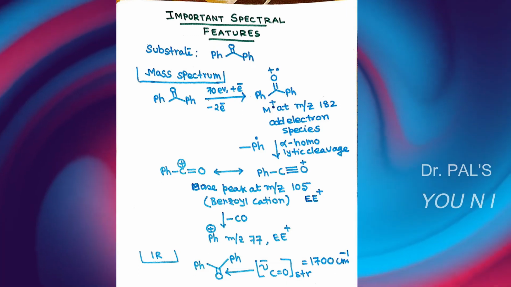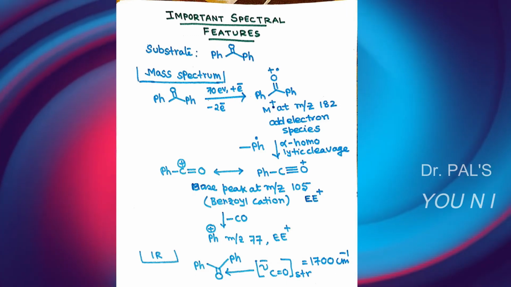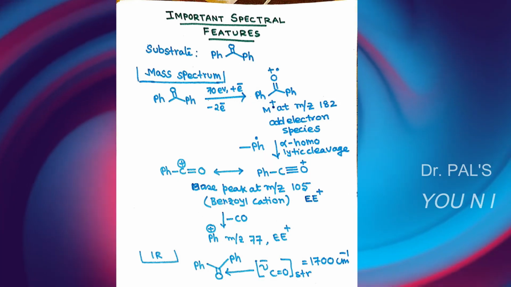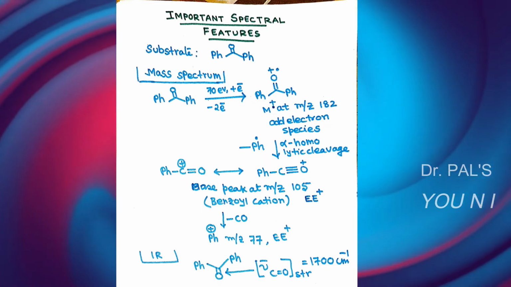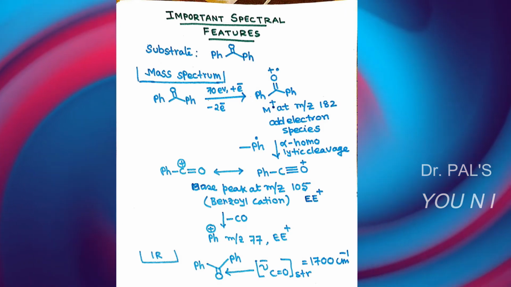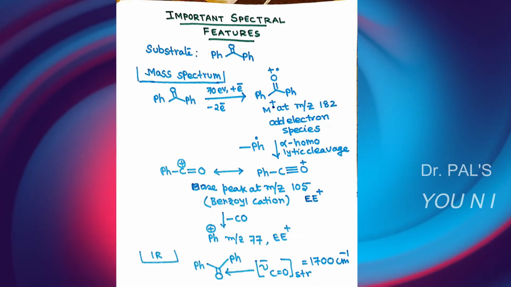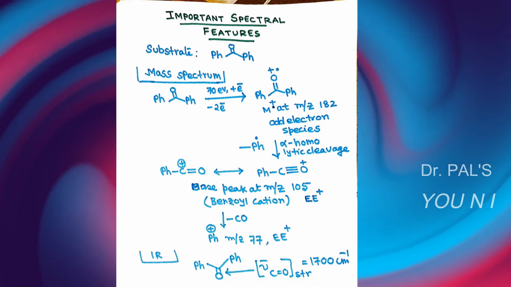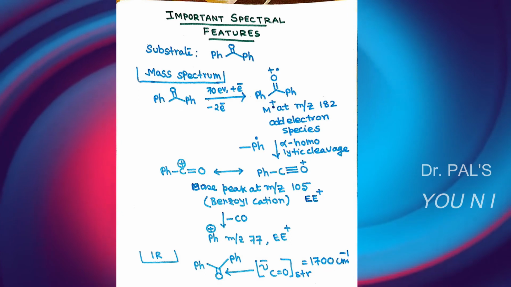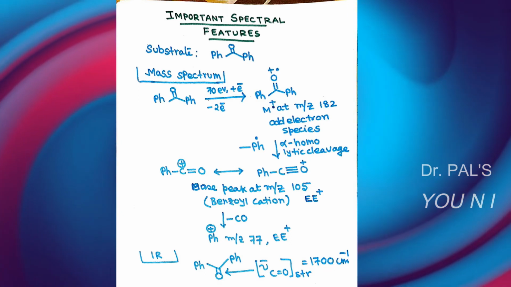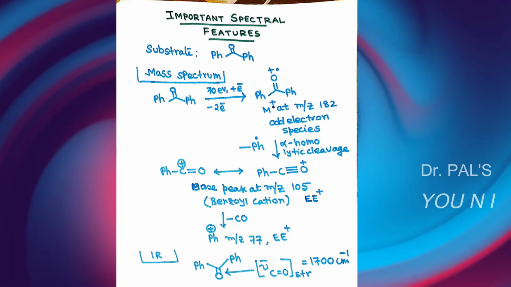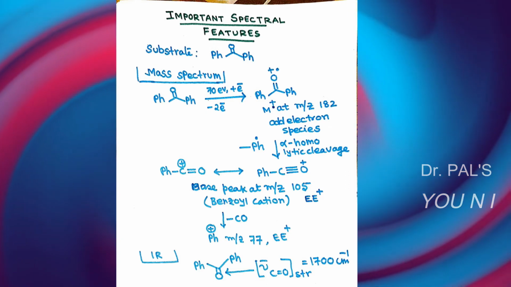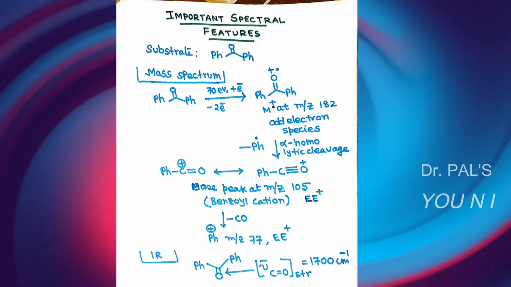Now let us discuss the important spectral features for the substrate as well as the product. What will be the difference between the substrate benzophenone and the product benzopinacol in terms of mass spectrometry, IR, 1H NMR and 13C NMR. Now coming to benzophenone, if we record the mass spectrum of the compound, it will give the molecular ion peak at m/z 182, and it will undergo alpha homolytic cleavage.